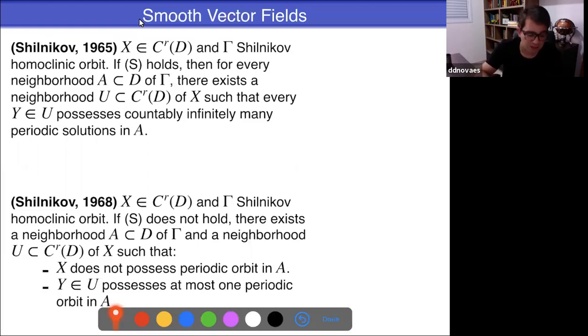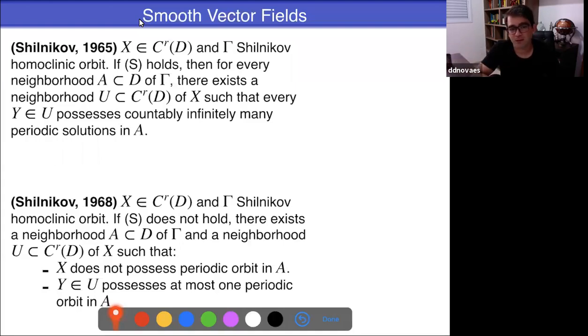In addition, we can find a neighborhood U of the vector field such that each vector field in this neighborhood possesses at most one periodic orbit. Actually, the Shilnikov connection is a codimension 1 object.